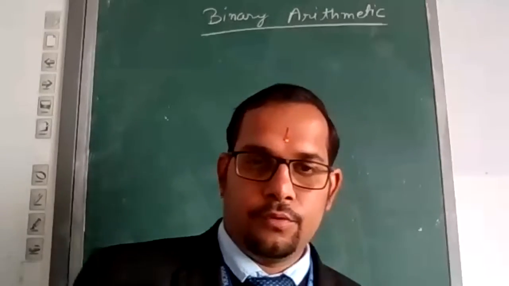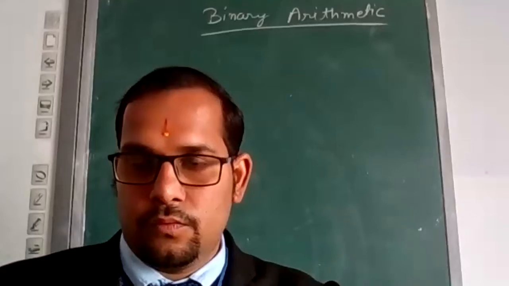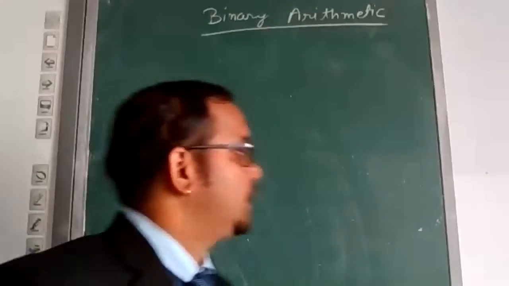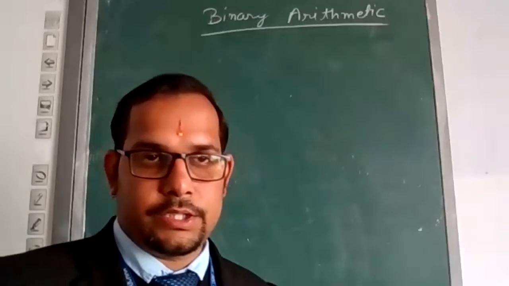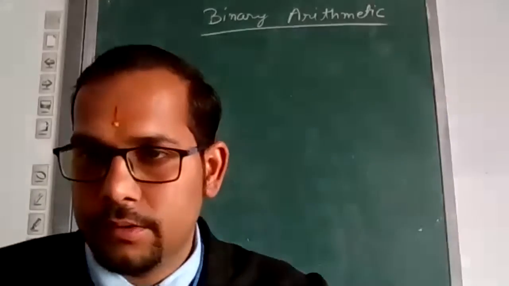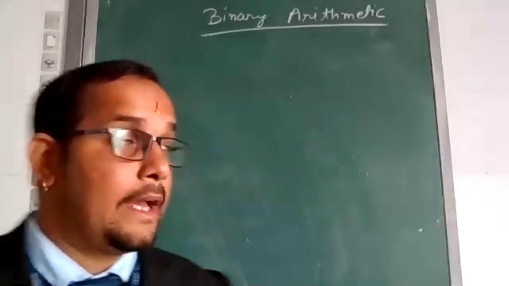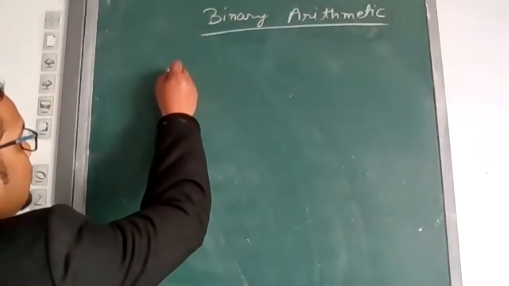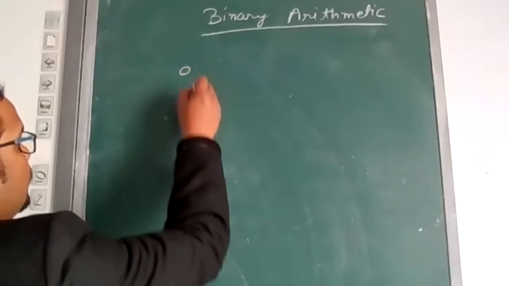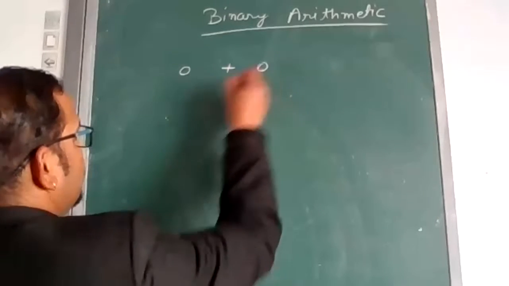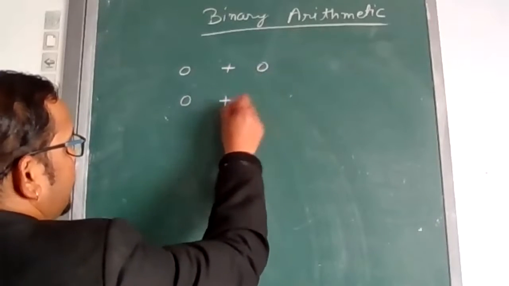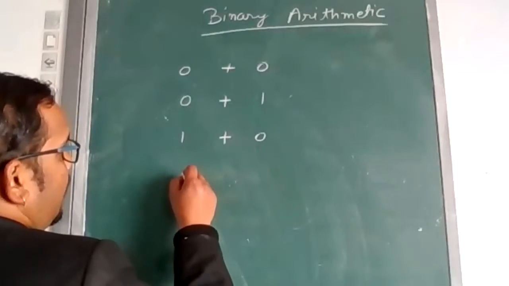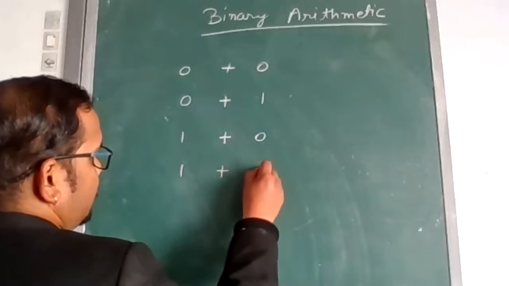I hope all of you know how we add two numbers. To add two numbers, we need at least two digits. And the rule to add binary numbers: 0 plus 0, 0 plus 1, 1 plus 0, and the last is 1 plus 1.